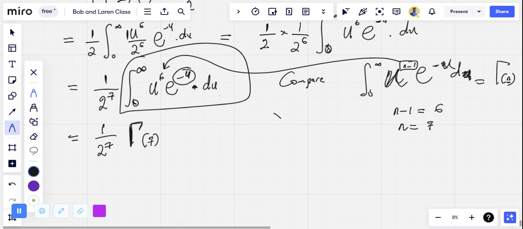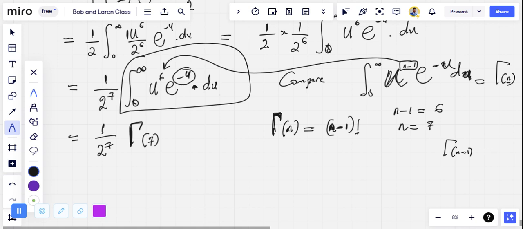So remember that gamma of n, I believe you still remember this. There's another definition of gamma, the properties of gamma, which says gamma of n is equivalent to when you reduce n by 1 and then take the factorial. There's a proof for that. Gamma of n is equal to n minus 1 factorial, that is, reduce it by 1. What if you want to look for gamma of n minus 1?